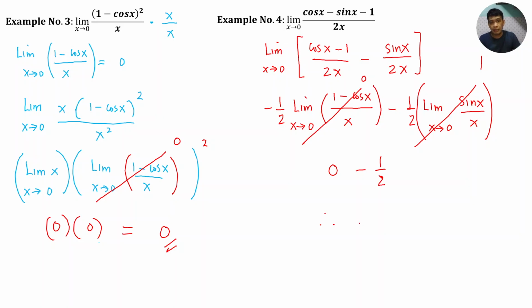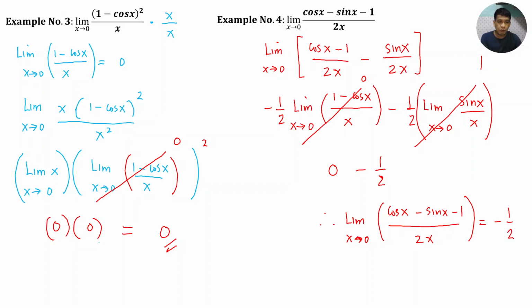Therefore, the limit as x approaches 0 of cosine x minus sine x minus 1 all over 2x is equal to negative 1 half. So this is the special limit theorem for trigonometric functions.